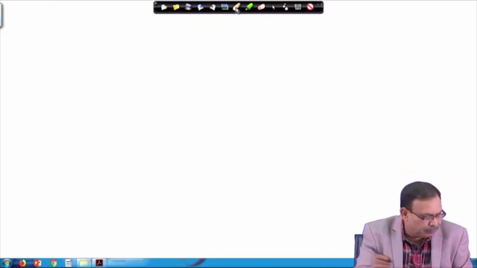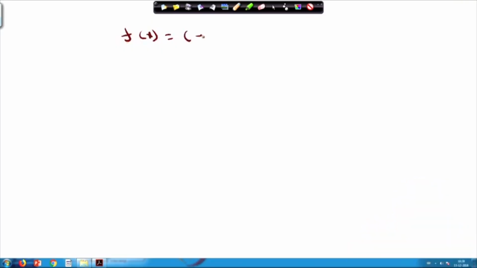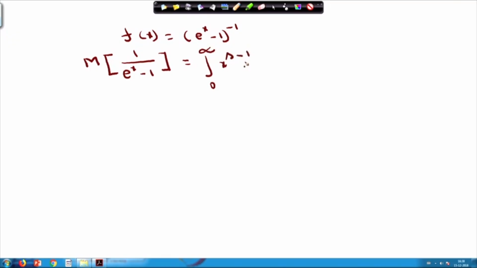Let us see, your f x we have written as (e power x minus 1) whole to the power minus 1. So, the Mellin function of 1 by e to the power x minus 1 equals, from the definition, 0 to infinity x to the power s minus 1 into 1 by e to the power x minus 1 dx.